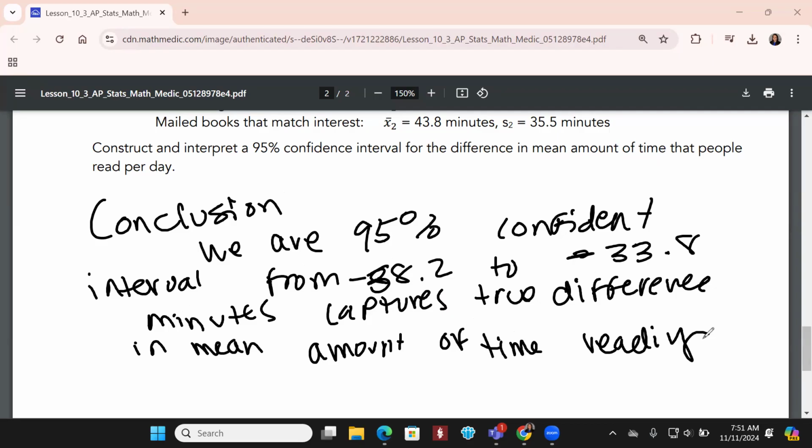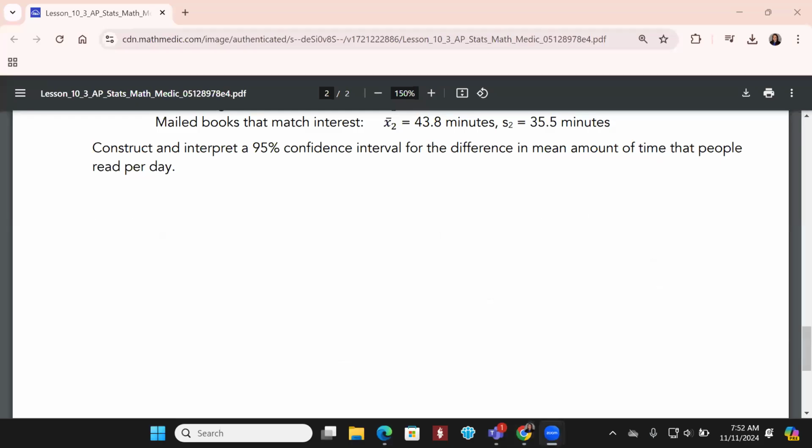The interval captures the true difference in mean amount of time reading. You gotta say from this number to this number.